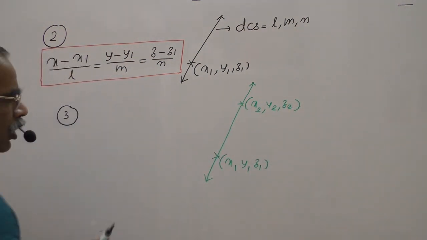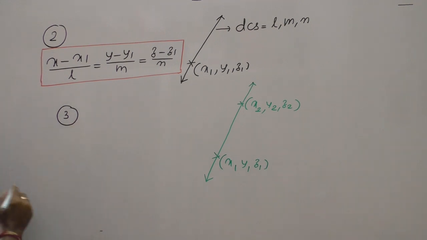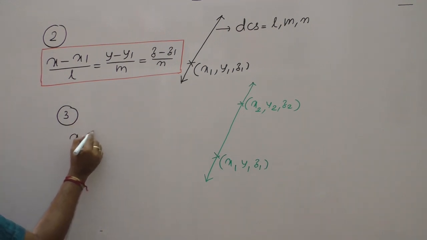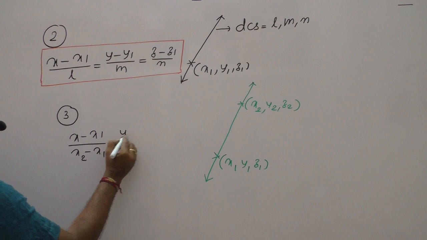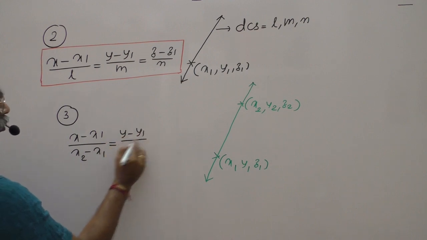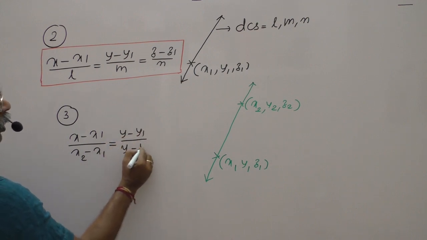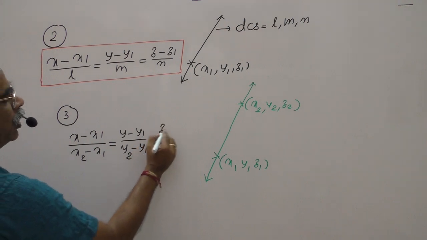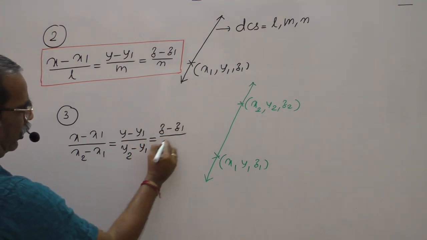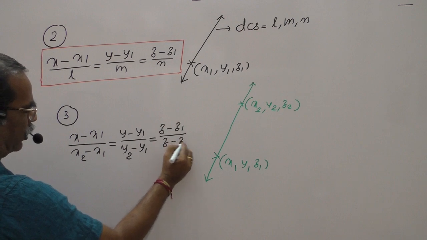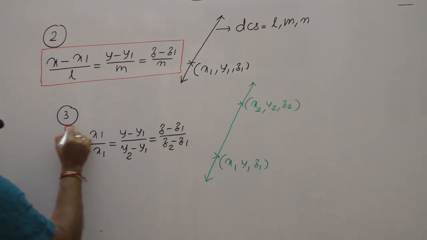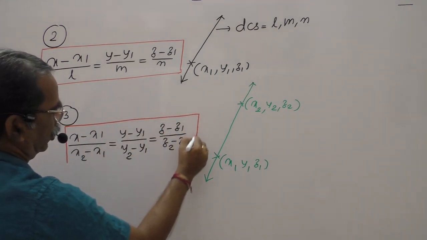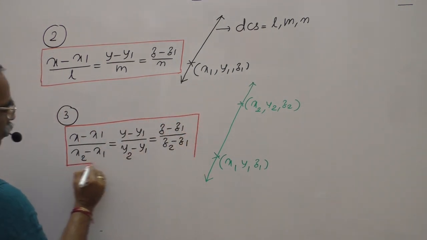When 2 points are given, the equation of the line is (x minus x1) by (x2 minus x1) equal to (y minus y1) by (y2 minus y1) equals (z minus z1) by (z2 minus z1). This should be applied when 2 points are given, for a line passing through 2 points.